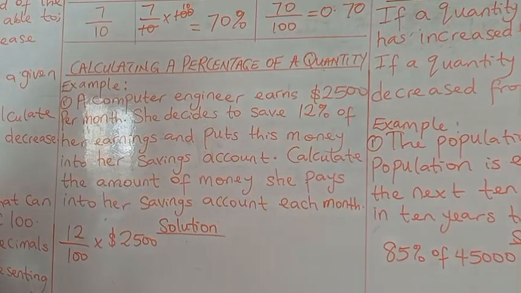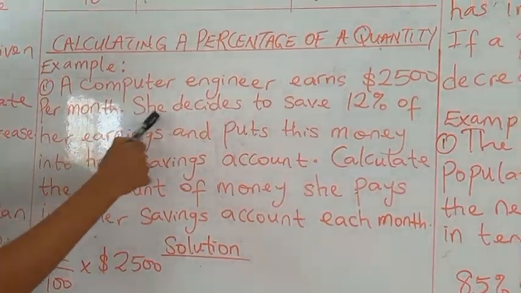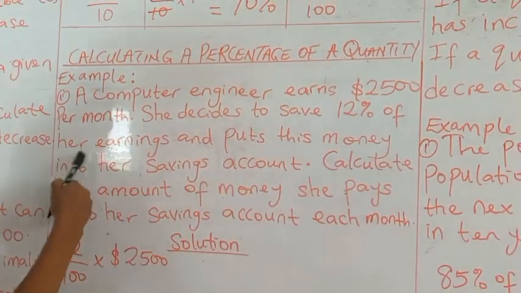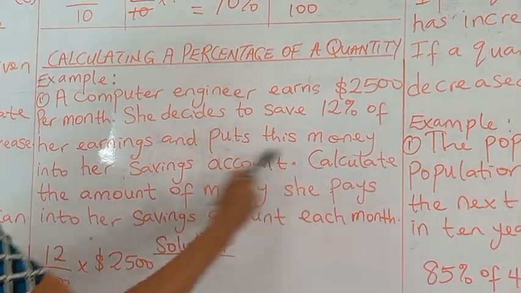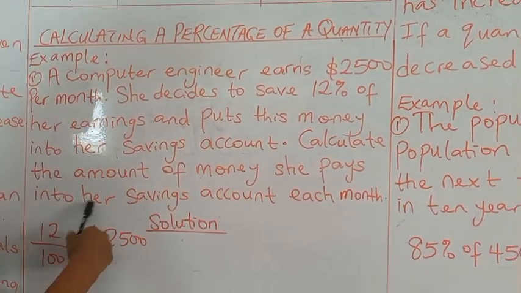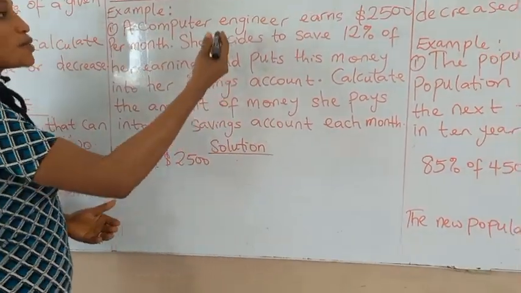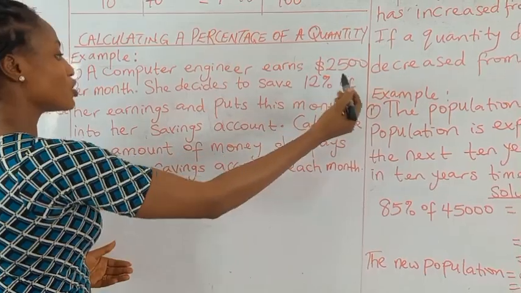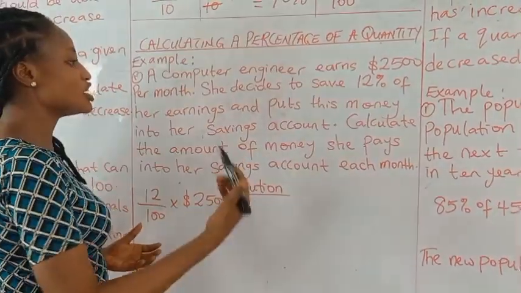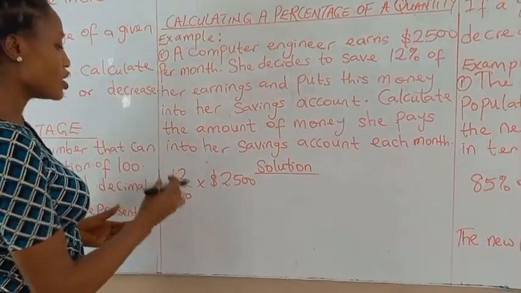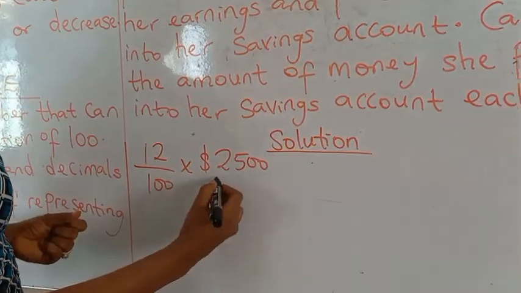Example, a computer engineer earns $2,500 per month. She decides to save 12% of her earnings and put this money into her savings account. You have to calculate the amount of money she pays into her savings account each month. What the computer engineer earns is $2,500, but she then decides to save 12% of that money each month. 12% is represented as 12/100 times the total amount of money.